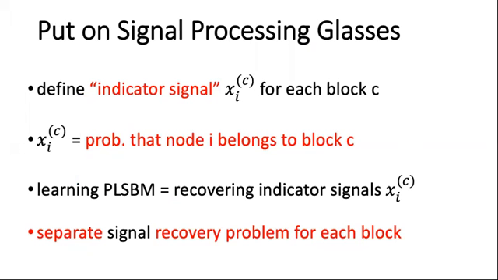And the values of the indicator signals model the probability that a certain node belongs to the block C, for which we consider the indicator signal. And then learning in partially labeled stochastic block models becomes a signal recovery problem. So learning the blocks or learning the clusters is equivalent to recovering the indicator signals for each block. And we have one separate recovery problem for each block. So we can do this in parallel.